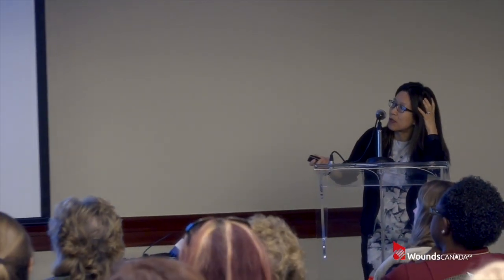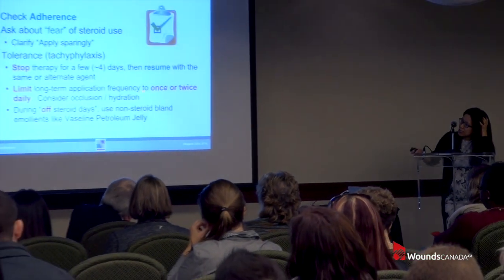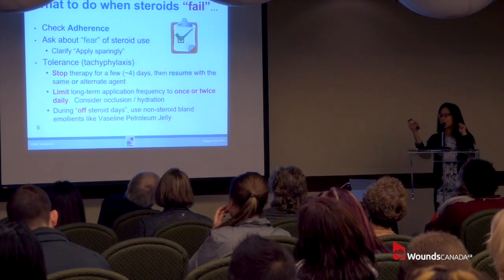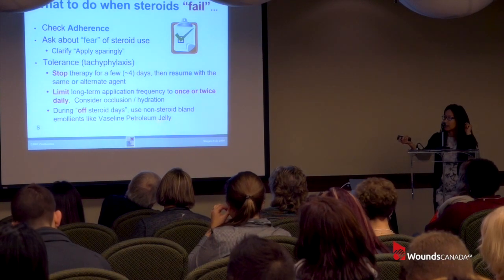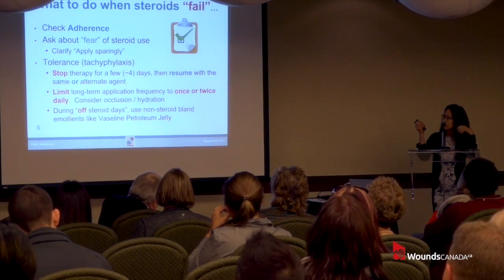And then, yes, it's possible to get tolerance. So sometimes, even with the high dose ones, this is the trick that I'll do. I'll encourage that you apply only twice a day for 4 to 5 days, and then pulse it. So 5 days on, twice a day, and then go to an emollient like petroleum jelly, Glaxo-based would be perfect.